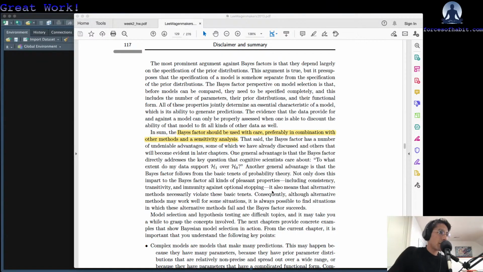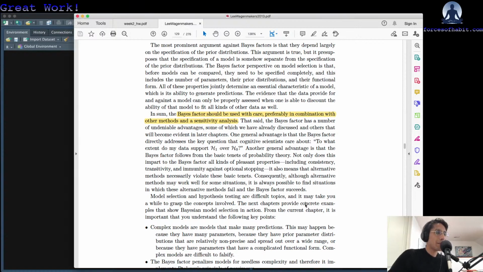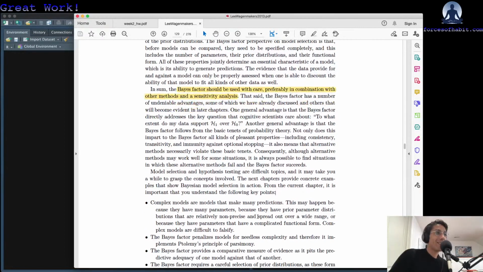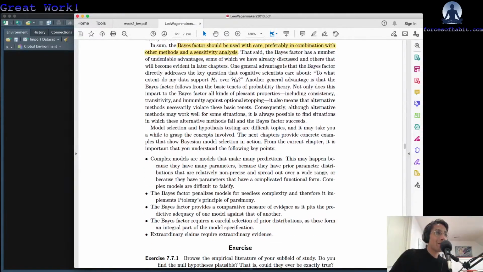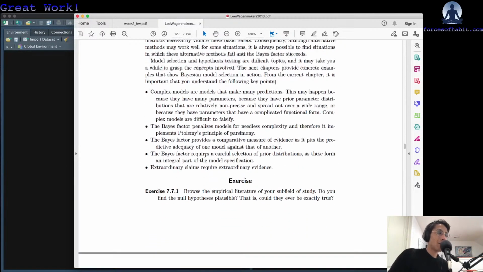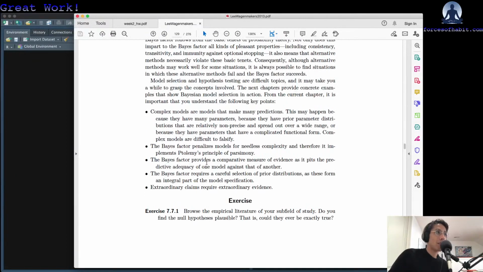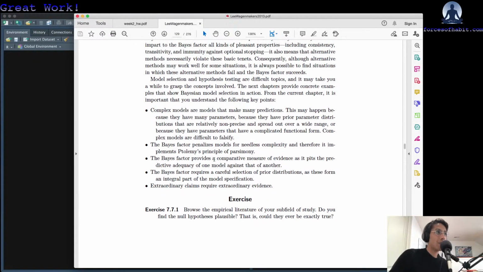So here, we're going to use Bayesian model selection in action. We're going to keep in mind these high-level points about the use of model comparisons, and apply them to some simple cases before we move into the case studies, where this is going to get applied more aggressively in the literature, potentially.